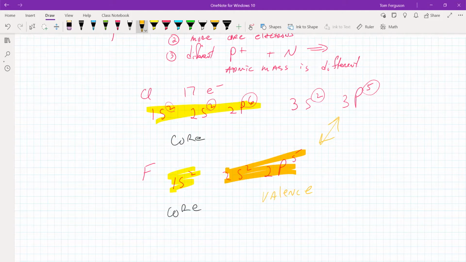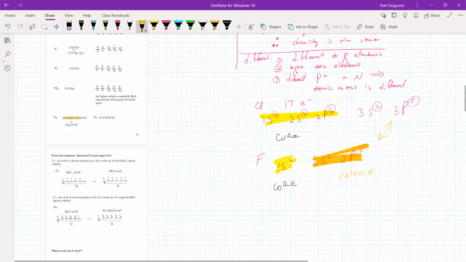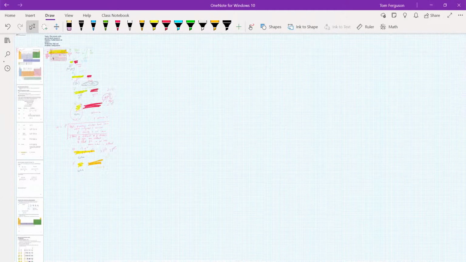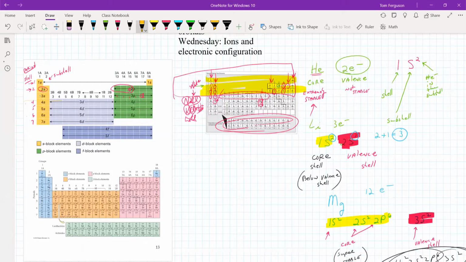Okay, so I'm going to end this now. I'm going to pick up on Monday for looking at some of the stuff in this area. But it's important you understand this area though.